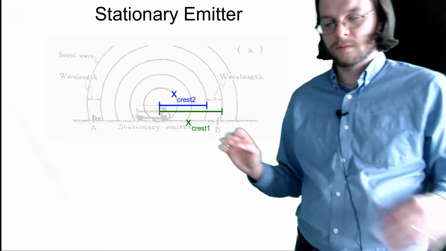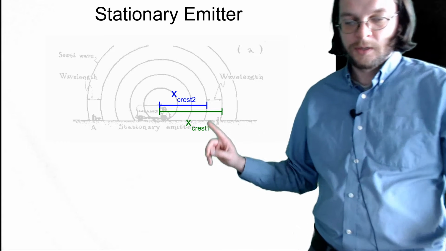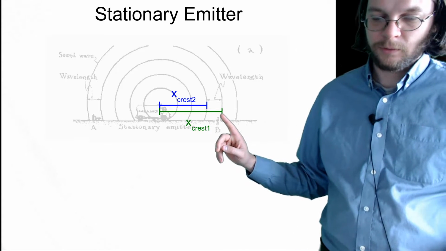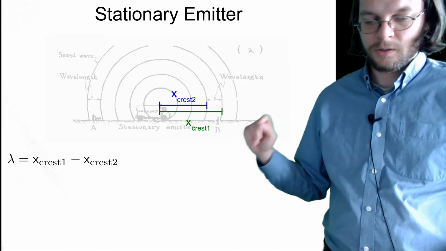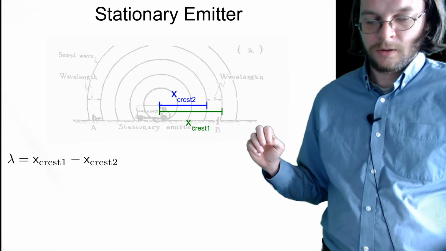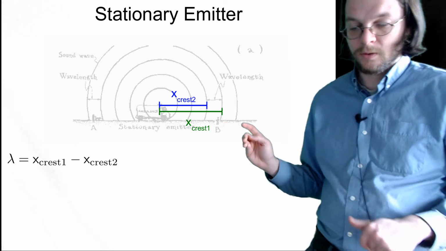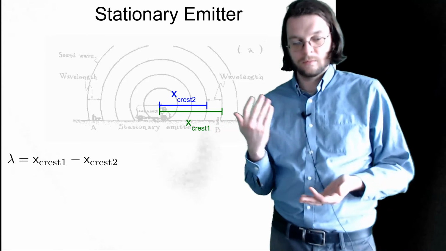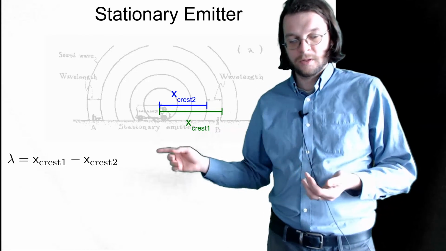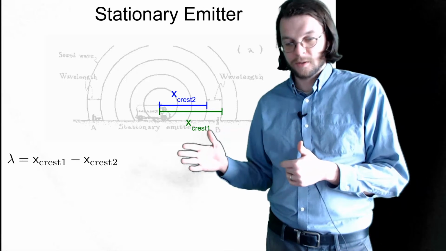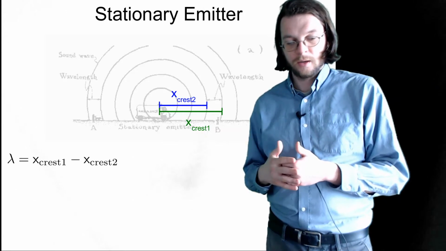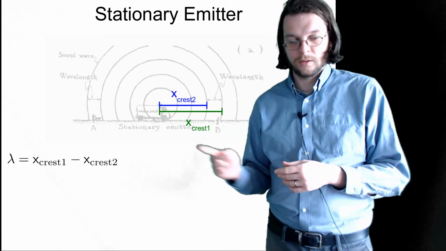So this is when the ambulance is at rest. So again, this is the position of one of the crests and the position of another crest. And so the difference between those two things just depends on how fast is the speed of sound and how long ago was the thing emitted, right?